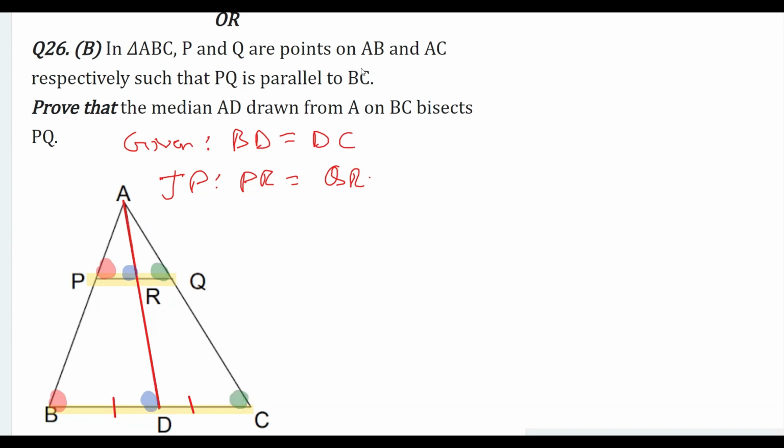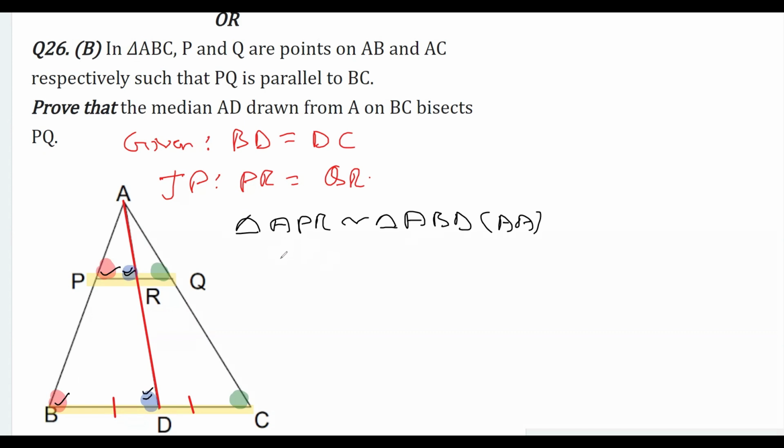All right, so let's start proving the triangles similar. If I take this triangle and this whole triangle, I can prove these two triangles similar as we have already proved two angles equal. So we can say triangle APR is similar to triangle ABD, and that is by AA, as two of its corresponding angles are equal.